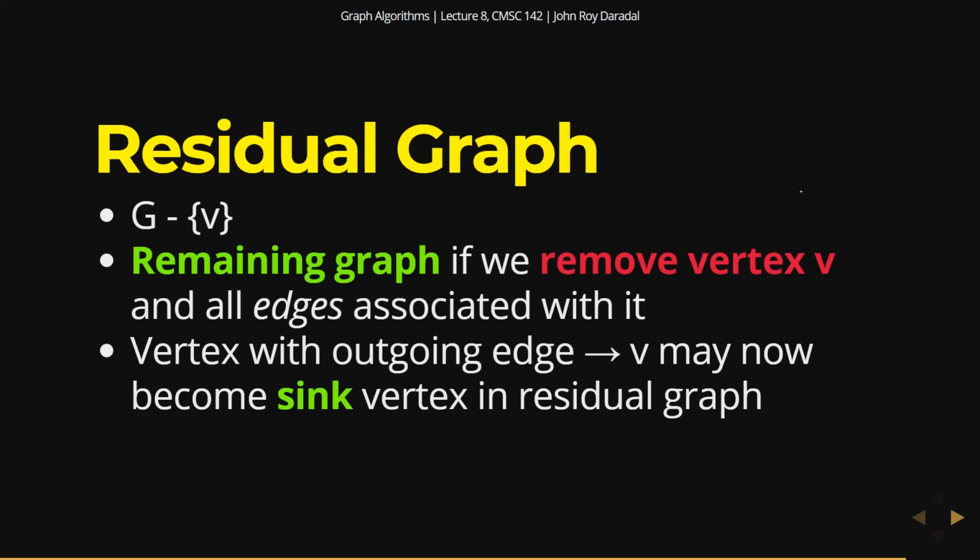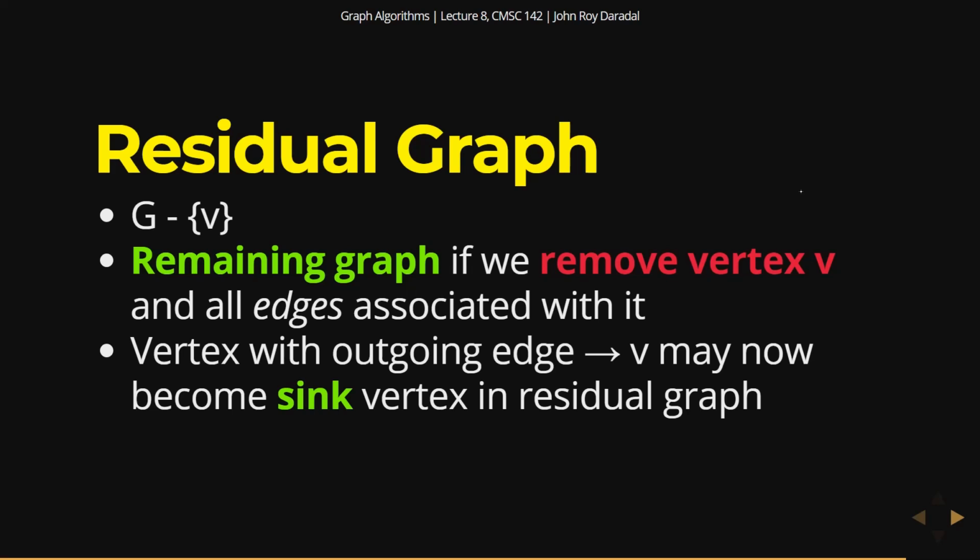So after we remove vertex V, some vertex with an outgoing edge going to V may now become the new sink vertex in the residual graph. So we'll see this later. Okay? So at each step, when we remove a vertex, we will uncover a new sink vertex. Okay? So after we remove that vertex, it will create another sink vertex and so on until we have labeled everything.